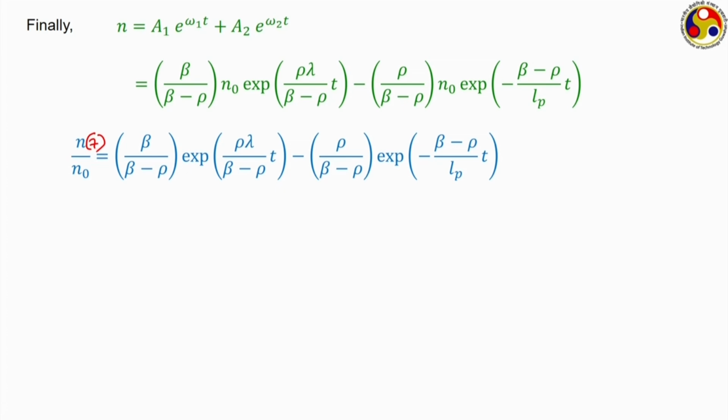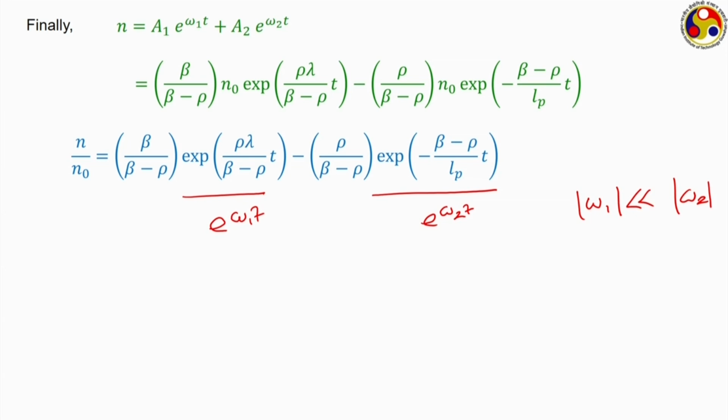Here it is found to be a combination of two exponential quantities. This is the first one and this is the second one. The first one is e to the power of omega 1 t and this is e to the power of omega 2 t. Now, if you remember, in the earlier slide we have proved that omega 1 is significantly smaller than omega 2, as per the assumption that we are considering, and therefore, this second quantity has to be much larger in deciding the neutron flux profile inside the reactor.